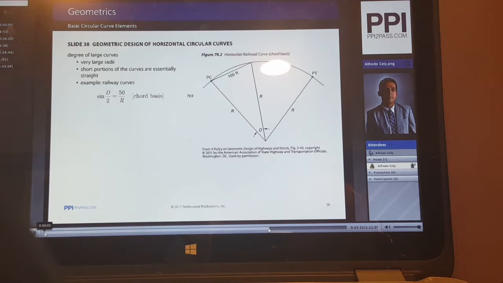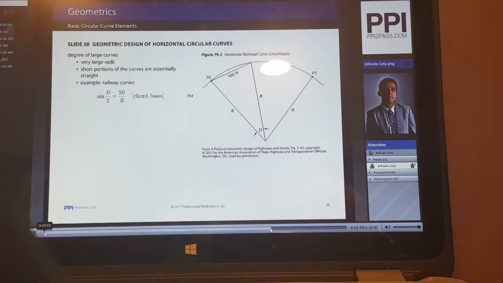Now, how do you know the breakpoint? When is it a large curve and when is it a small curve? Well, when the radius of the large curve is greater than 1400 feet on average, the difference between the arc and the chord basis is negligible. Now, this is not a standard. It is just a mathematical approximation.